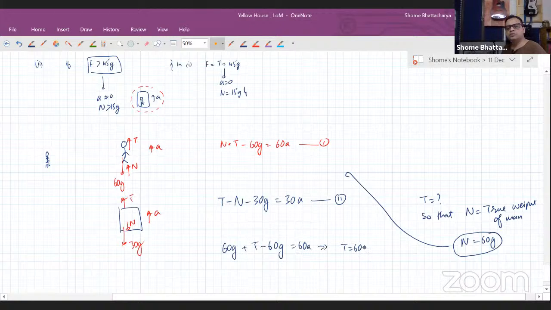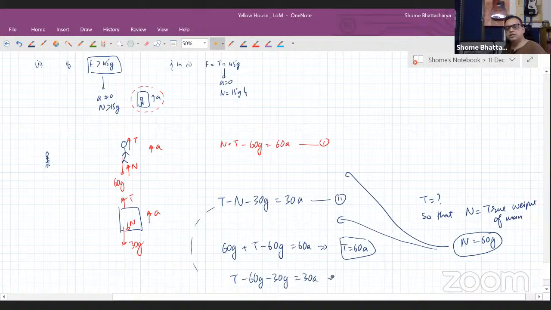So T is equal to 60 A. Substitute that here. So we get T minus 60 G minus 30 G is equal to 30 A. So T minus 90 G is equal to 30 A.